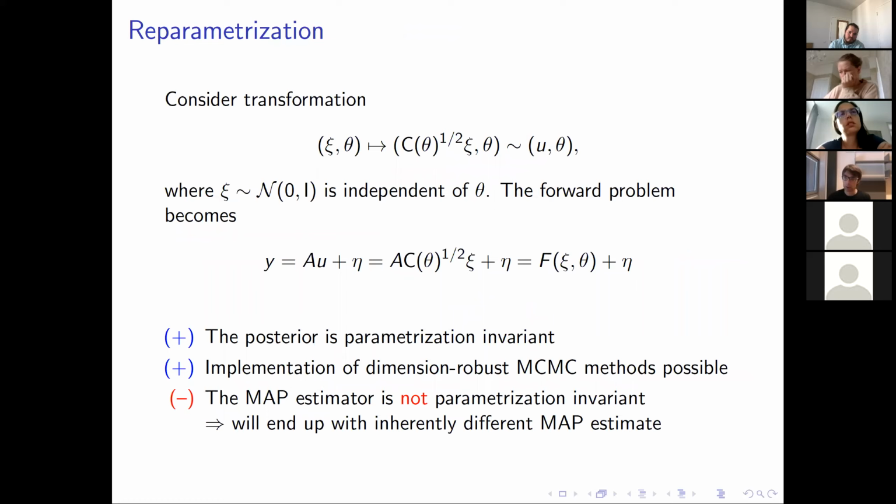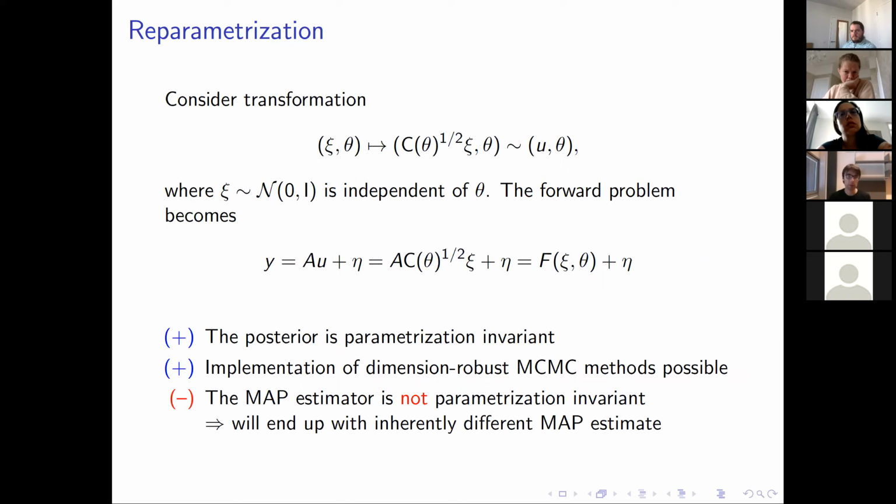And before going into that, let me just mention the main critique of using a MAP estimator. While it's fast, it's also dependent on parameterization. So it's of interest to understand whether reparametrization affects these convergence properties.